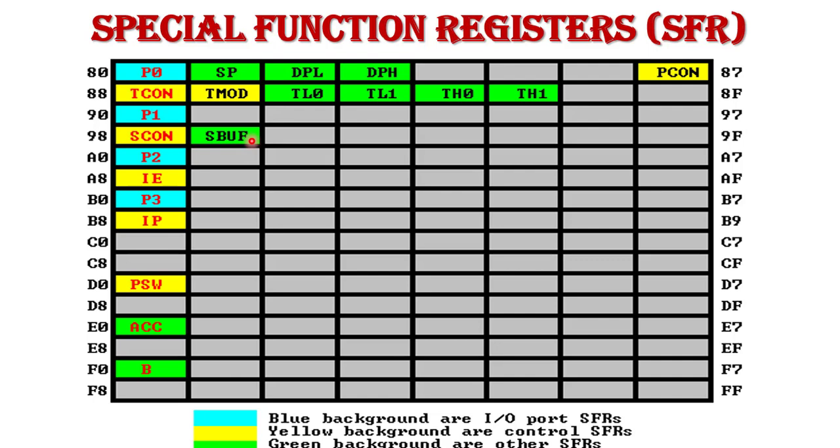All registers are 8-bit long. For special function registers, I have already made a separate video. If you want a detailed study of all the registers and their functions, please refer to that video. The link of that video I will give in my description box. So for special function registers, please refer to that video.